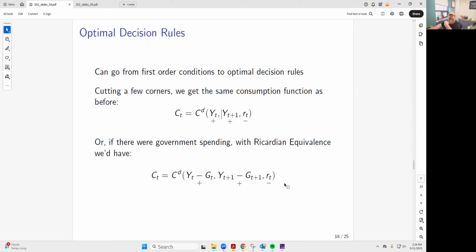And then we can add in government spending to this. And so now with a Ricardian equivalence, that is, right? Notice here we say with Ricardian equivalence. So if we assume Ricardian equivalence in our model, then again, remember the idea of Ricardian equivalence is that changes in fiscal policy do not affect consumption decisions.